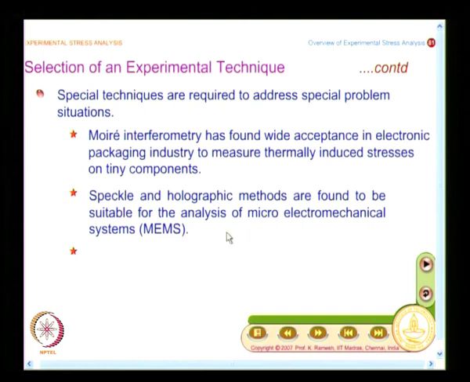We have seen a MEMS sensor, how the speckle method could be employed, and we also saw in one of the references they have used a holographic method to study a micro gear rotating at 3,60,000 RPM. So, for MEMS applications, if you have the need, then you think of either speckle or holographic methods.